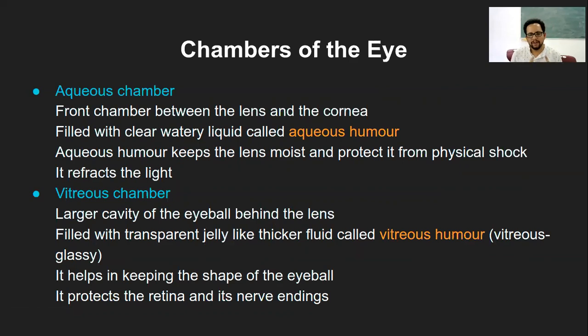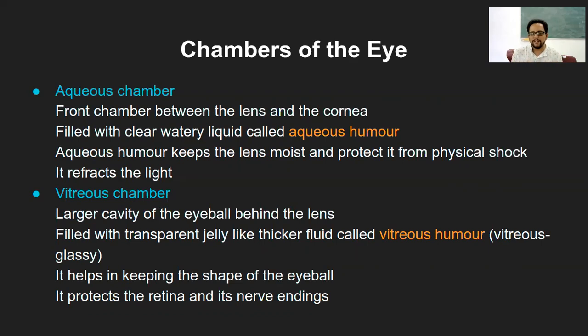The function of this vitreous fluid is to maintain the shape of the eyeball. It's like blowing a balloon: until it is completely filled with air, it doesn't remain intact, otherwise it can be pushed down inside.